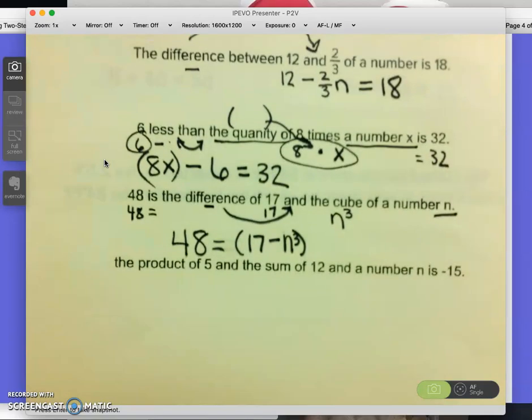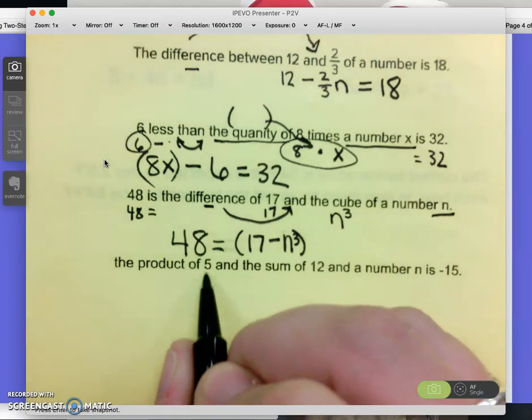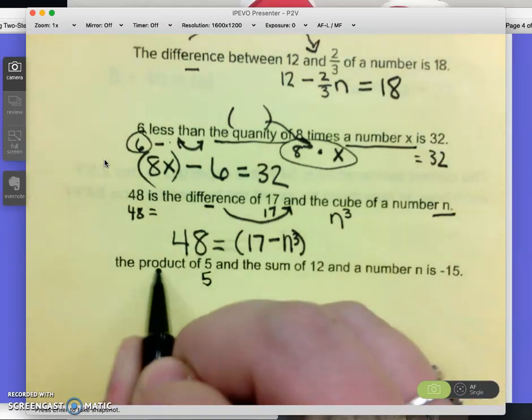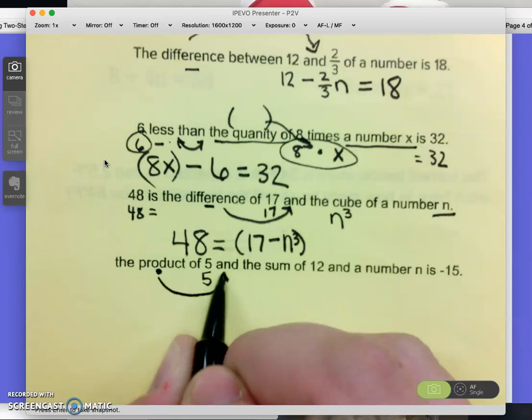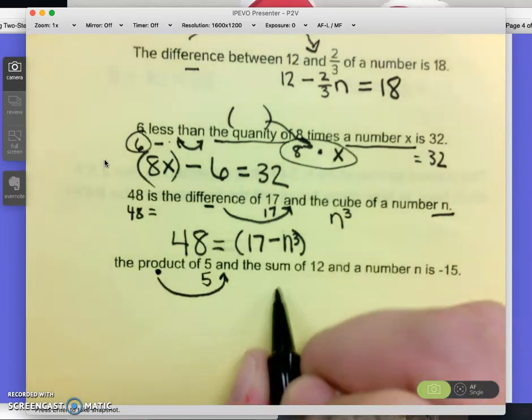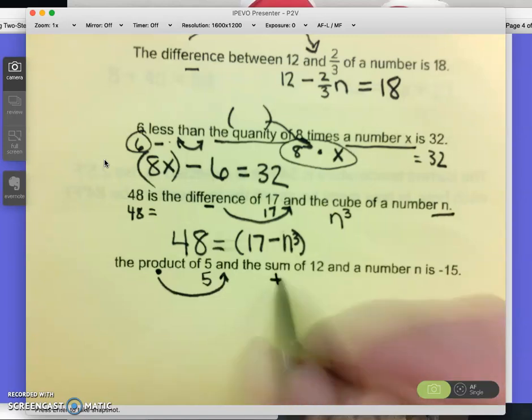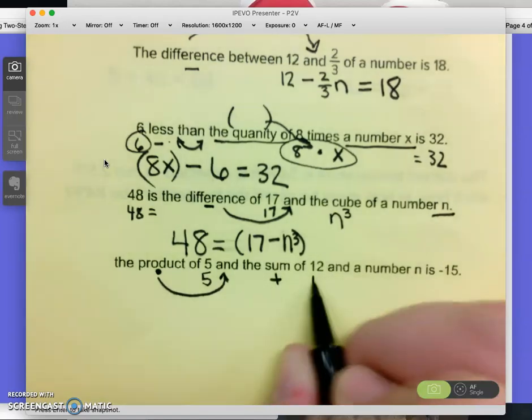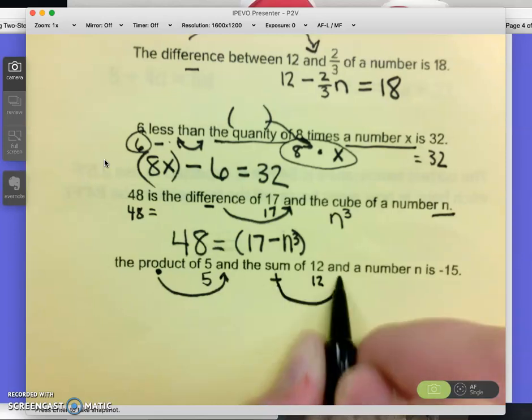Okay, and then the product of 5 multiply, and that's where that and the sum of, so sum means adding, the sum of 12, so that's where that one goes in there.